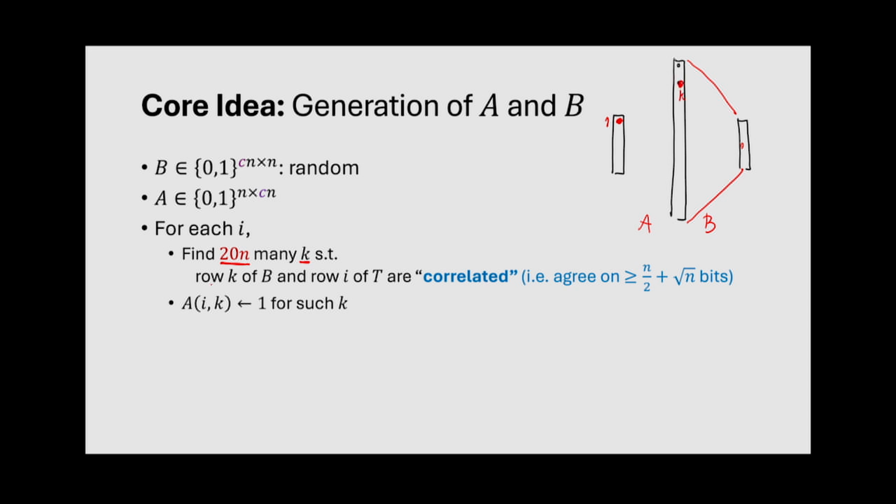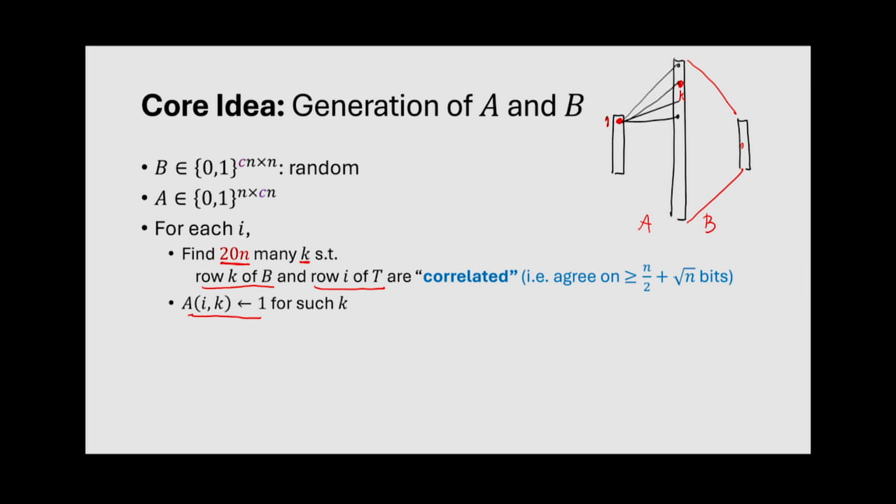Such that the row K of B and the row I of T are correlated. And if they are correlated, then I set a link from this guy to K. Let me give a picture.